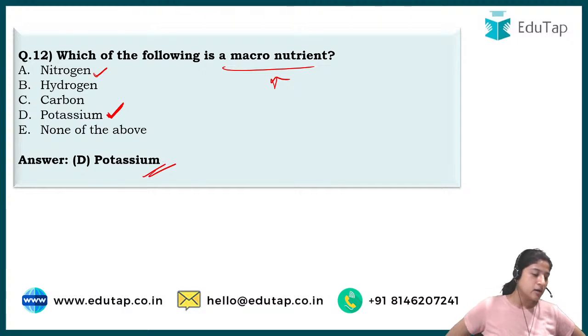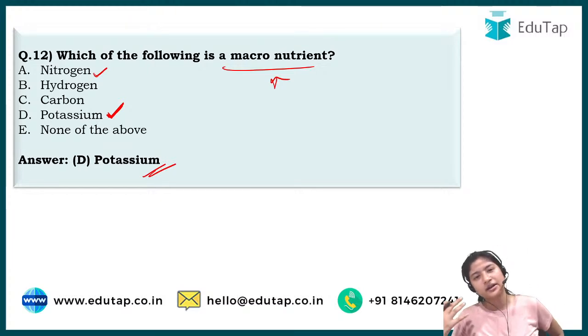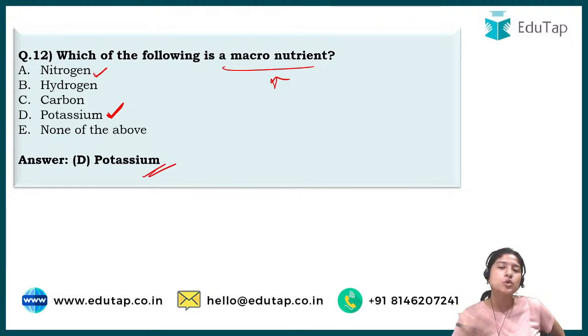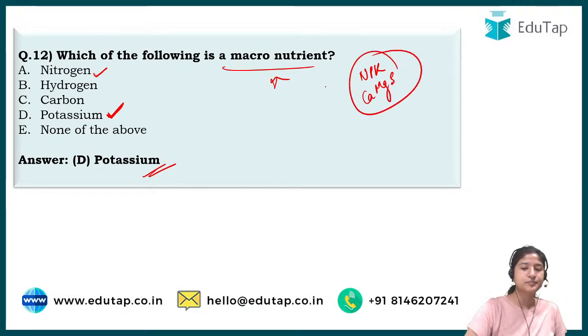Hydrogen actually does not come in the case of macronutrients. Basically CHO, that is carbon, hydrogen and oxygen, are the basic part of the plant dry matter. When we go for macronutrients, it usually comprises NPK, and then we have calcium, magnesium and sulfur, right? So that is the answer.